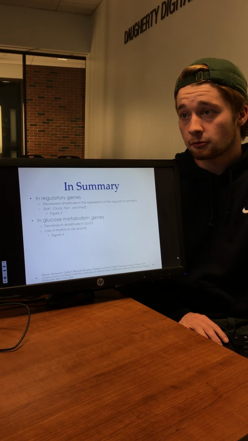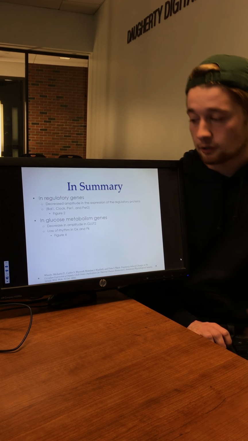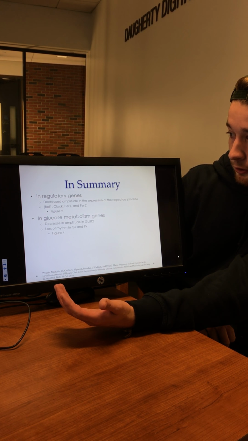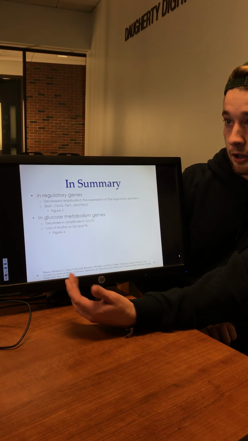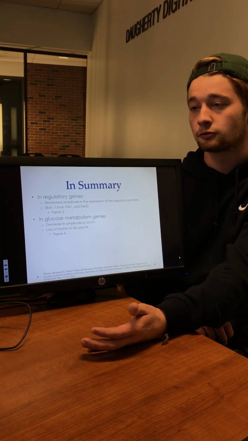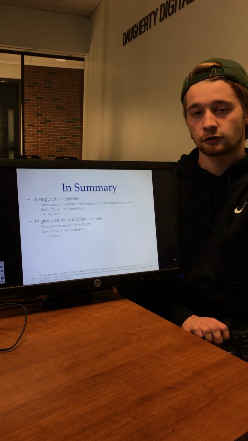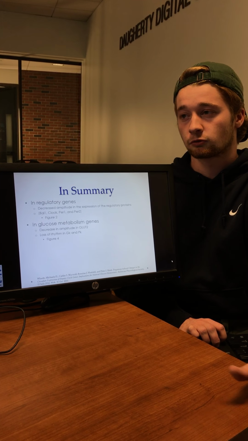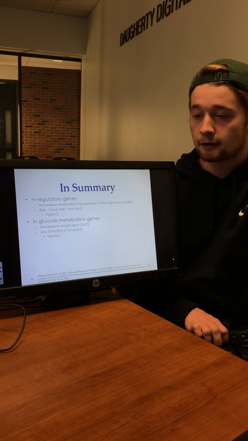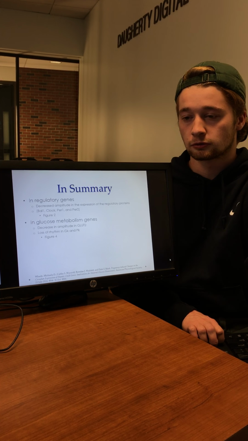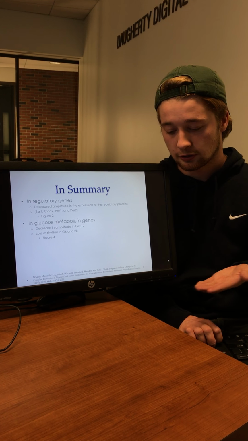So in summary, we saw that the regulatory genes BMAL1, clock, PER1 and PER2, as we saw in figure 2, the amplitude of the expression of these proteins is being decreased, turning away from that cyclic pattern to a consistent expression.